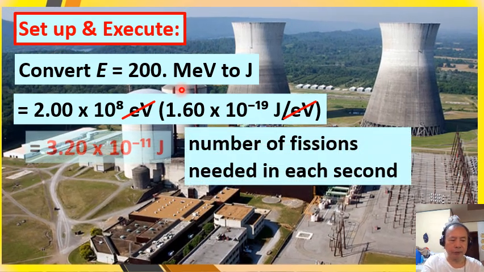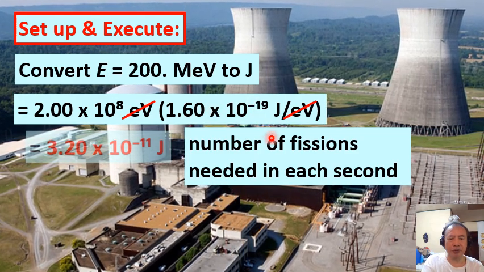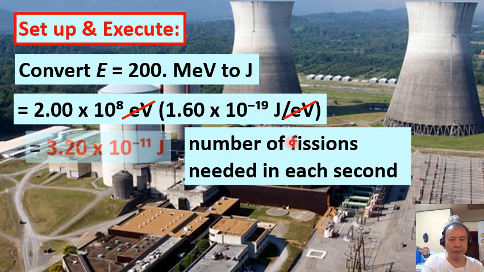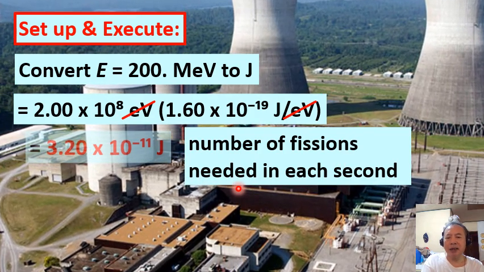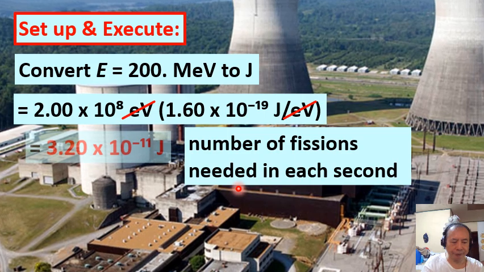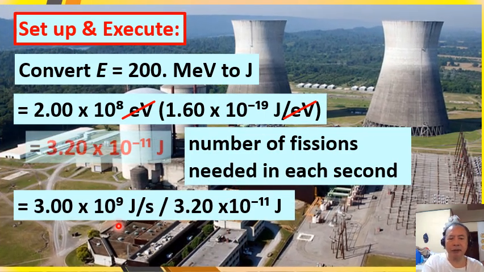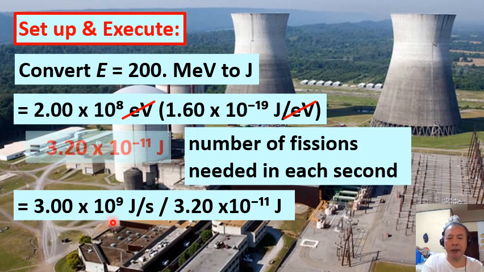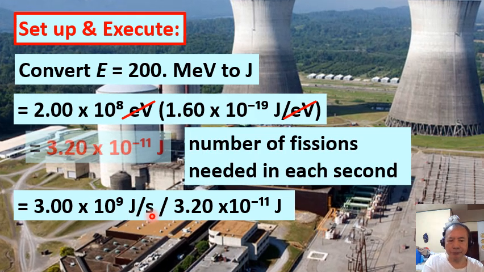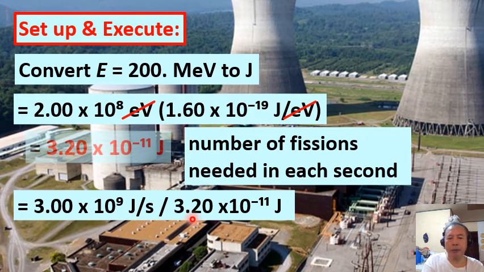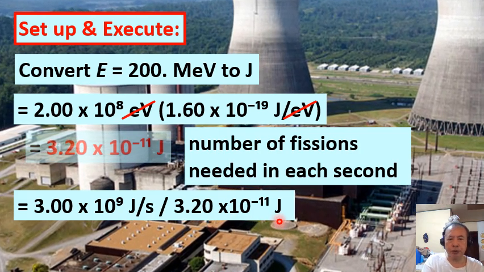Next, we find the number of fissions, the fission reactions needed in each second. So we just divide 3.00 times 10 to the 9th power joules per second by 3.20 times 10 to the negative 11 joules.